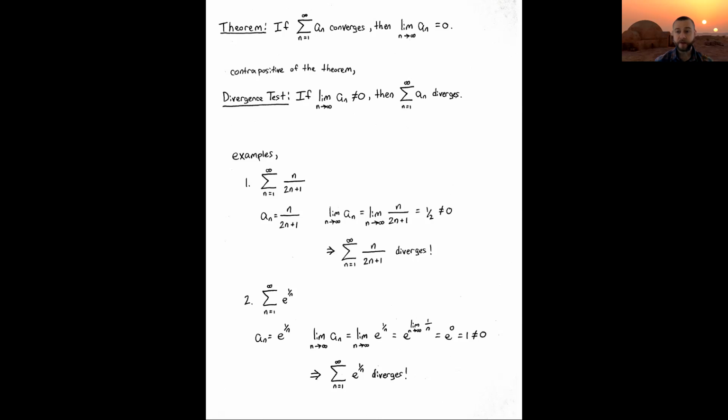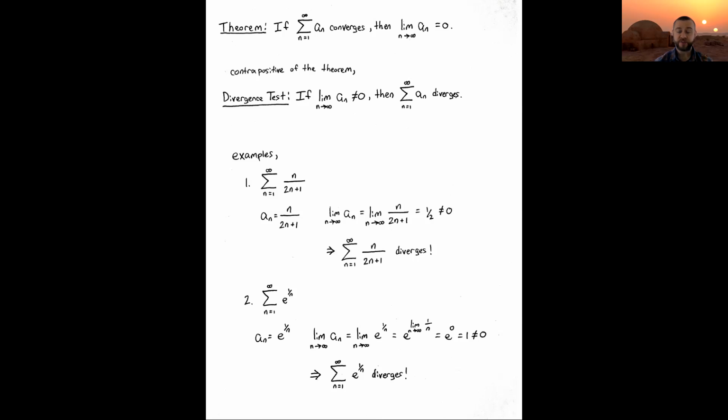So if we bring the limit inside the exponential function, that puts the limit up into the exponent, since that's where the input for exponential functions is. We end up looking at the limit of 1 over n as n approaches infinity. And that limit of 1 over n becomes 0.